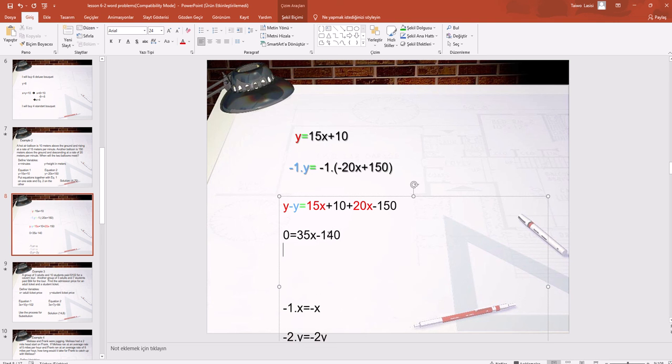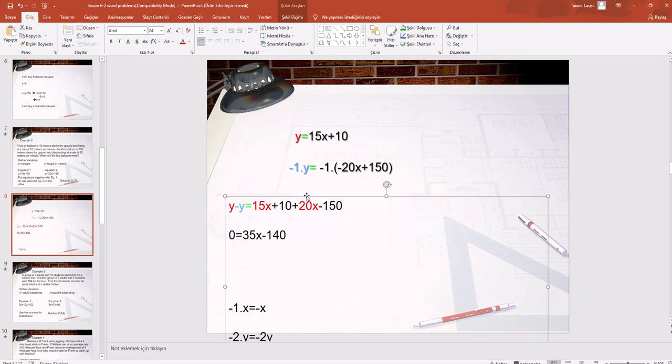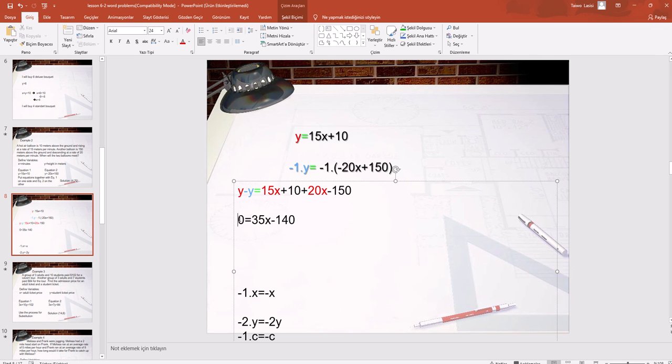Very good. So now I have minus 140 here. I'm going to add plus 140 to both sides. Do you agree about that?